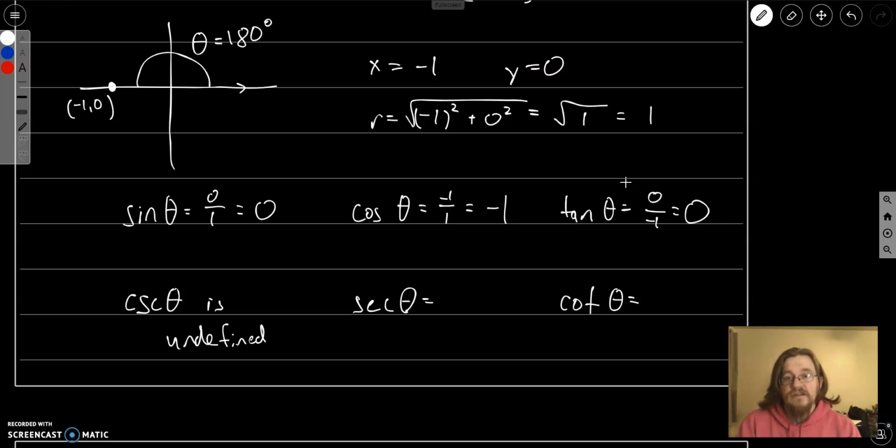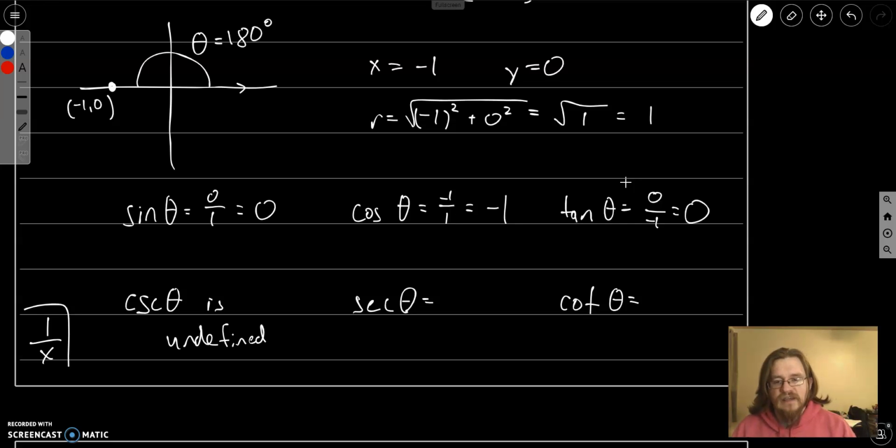If we think about this as a function, if we plug 180 degrees into the cosecant, we would be supposed to divide by 0, so we can't. It's the same as if we had a function like 1 over x. We can plug 2 into that, we can plug -13 into that, but we can't plug 0 into this function. It's the same way. We can't plug 180 into the cosecant function because it's the same as dividing by 0.